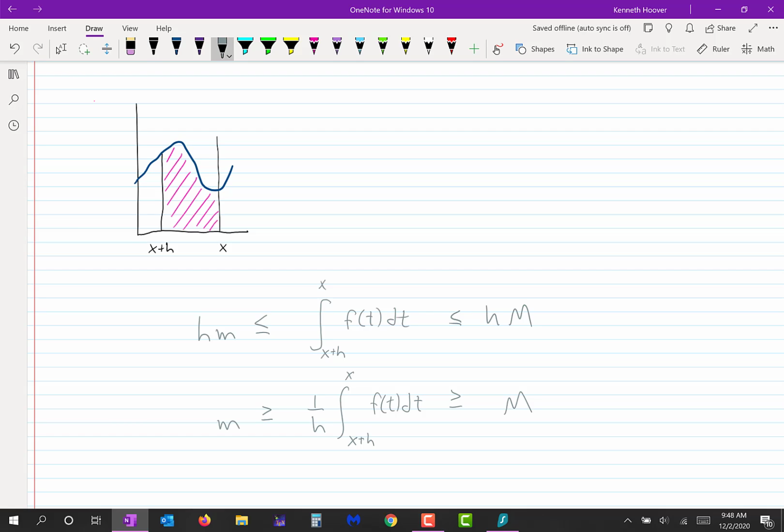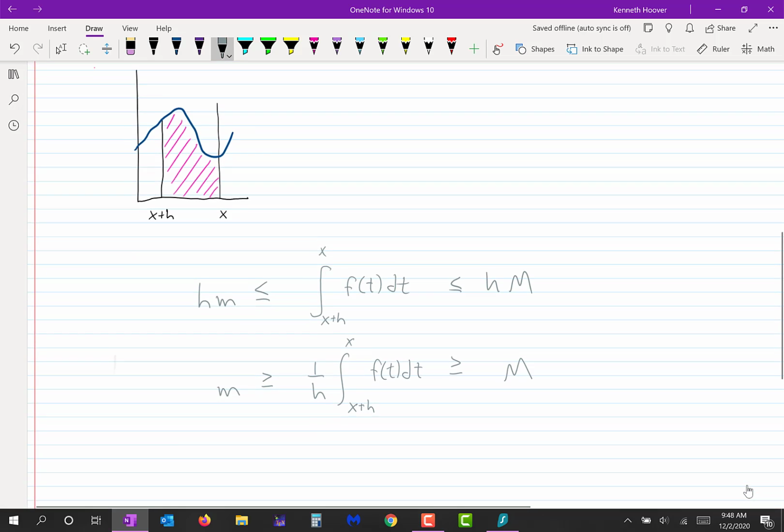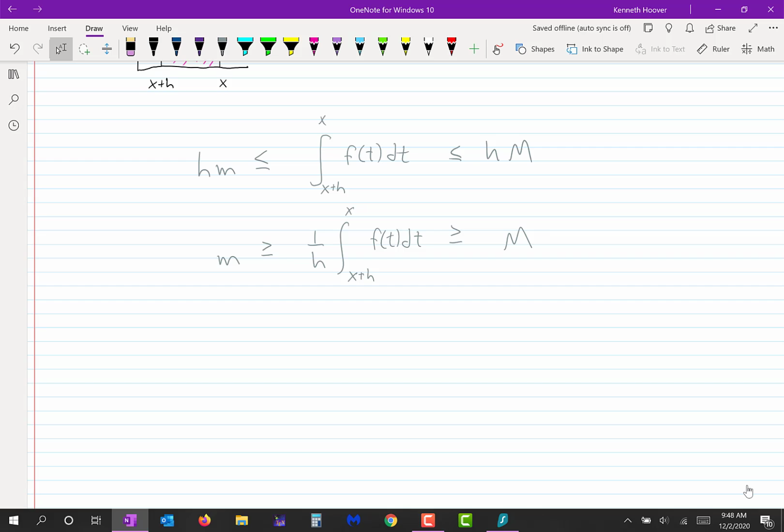Okay, and then I would multiply those inequalities by -1, and we would get this. The inequalities switch sides, and the m's on the outside would be negative m's because of multiplying by -1.